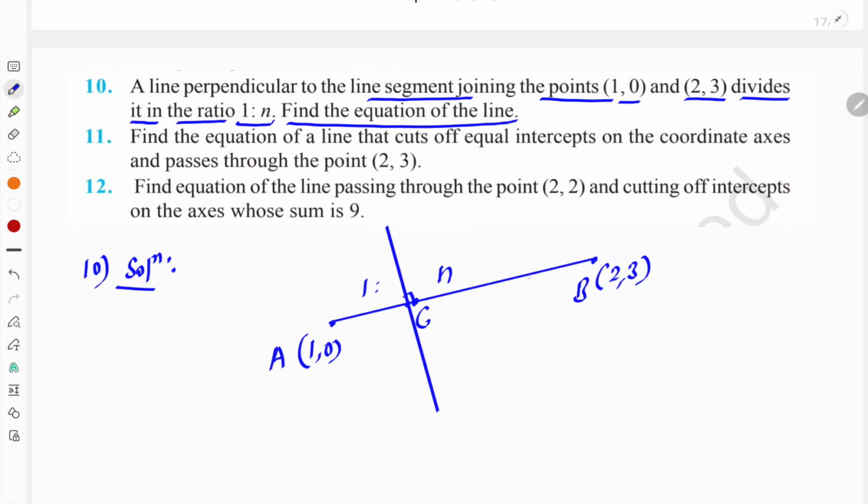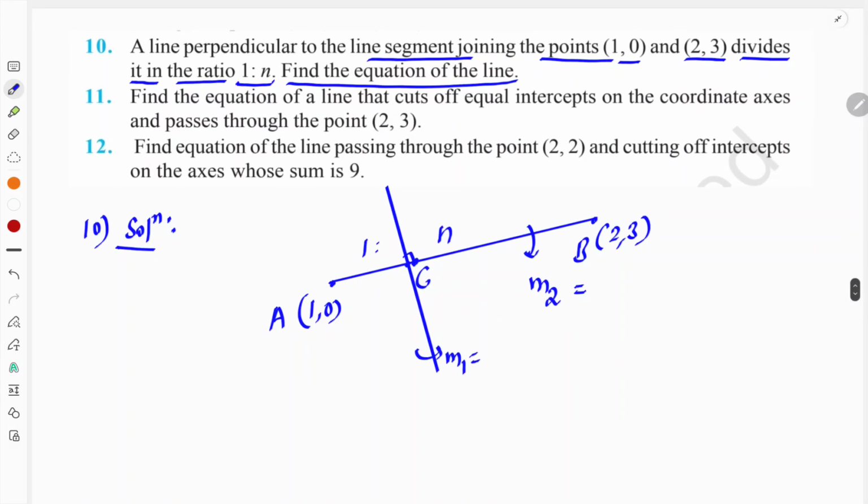If it is perpendicular, then we first find the slope of this line. Let's say the slope of the segment is m1 and the slope of the perpendicular line is m2. The slope of the line joining A and B will be (y2 minus y1), 3 minus 0, divided by 2 minus 1, that is 3 by 1, and the slope m2 will be minus 1 by 3, because m1 m2 equals minus 1.